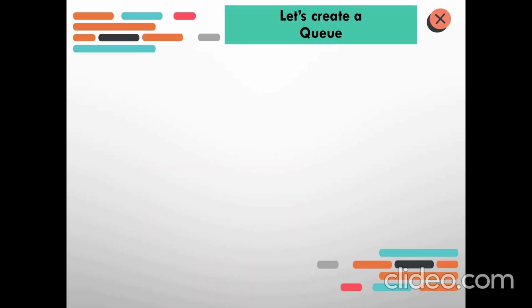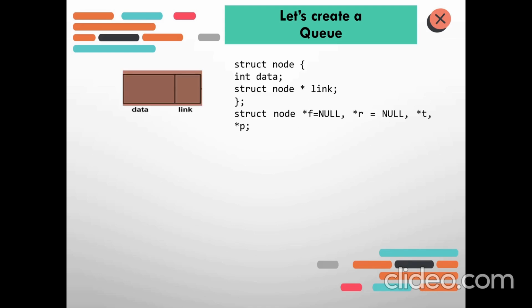So now on to the linked list implementation of a queue. We need the service of a structure variable which has been named struct node in this case, which comprises two data members. One is the data part and another is the link part, as shown in the figure. Furthermore, we would need two variables called front and rear, both of which have been initialized to null, right?